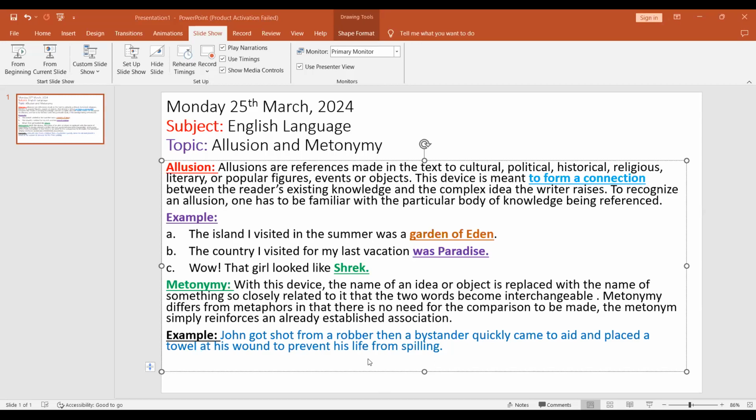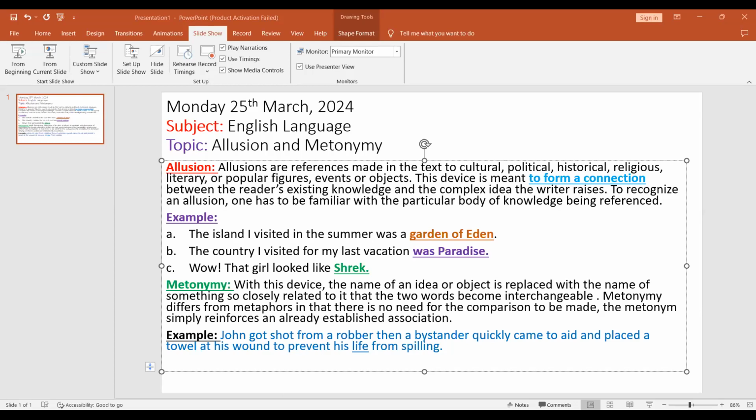Now, Nivea, what do you think they're talking about? Wait, I don't think Myla was finished. Let me let Myla finish. Go ahead, Myla. I think they're talking about to stop the blood loss or stop him from dying as quick as he would have. Mm-hmm. Okay. Go ahead, Nivea. I said to prevent him from the loss of blood.